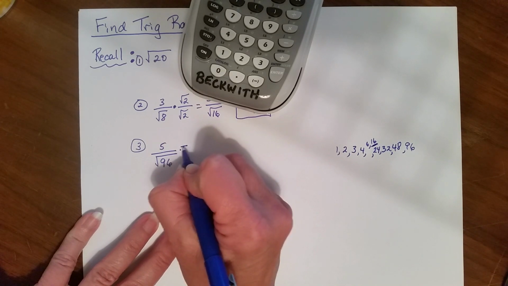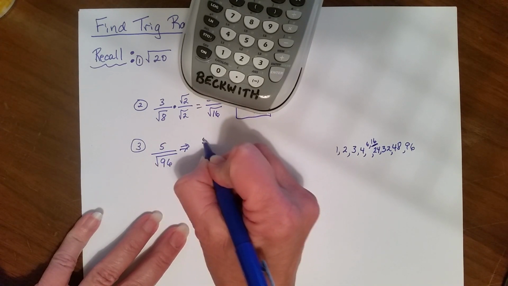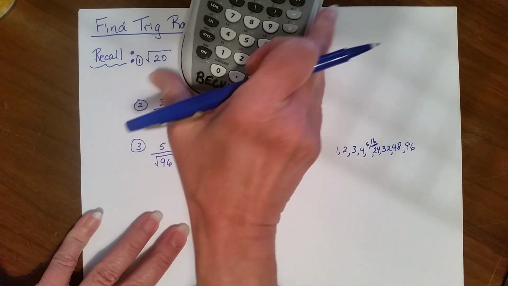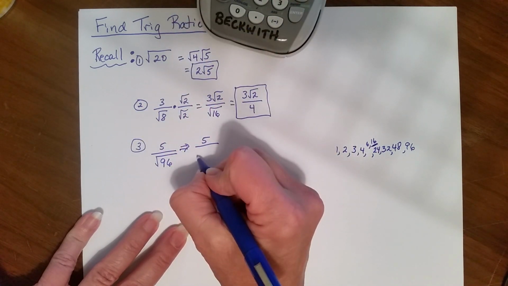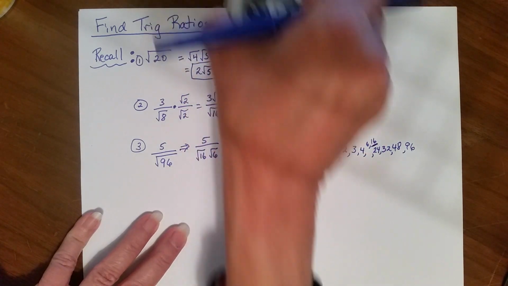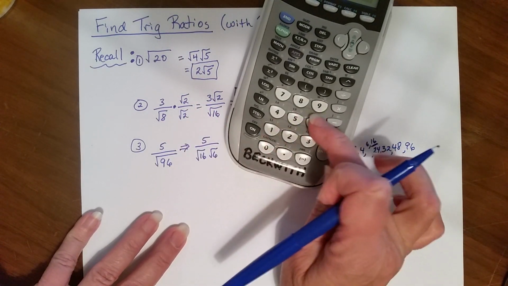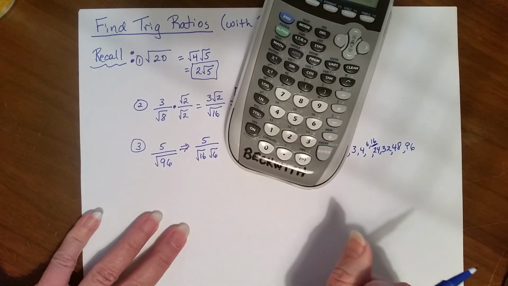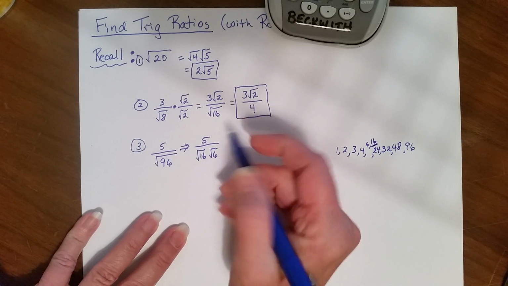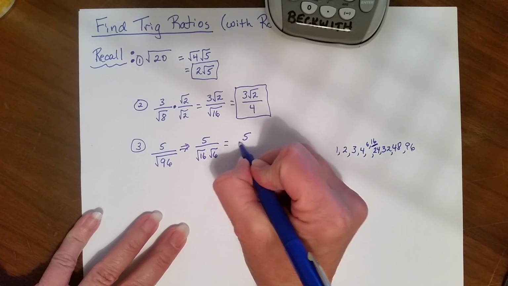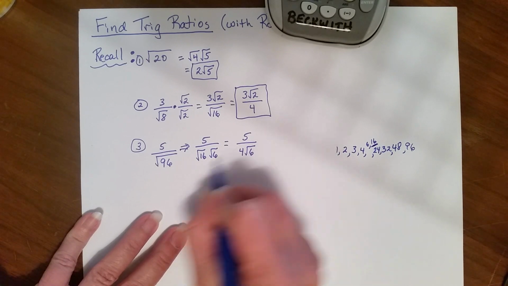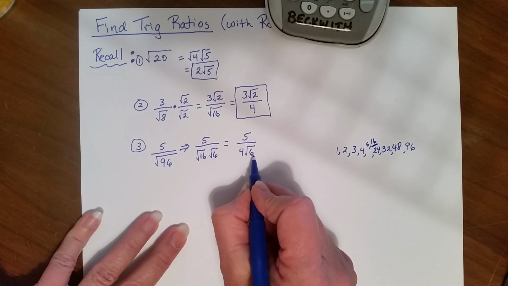So I'm going to write this as 5 over the square root of 96, which splits up as root 16 times root 6. Just to make sure, 16 times 6 does give 96. Now, this is 5 over. The square root of 16 is 4. So my denominator is 4 root 6.